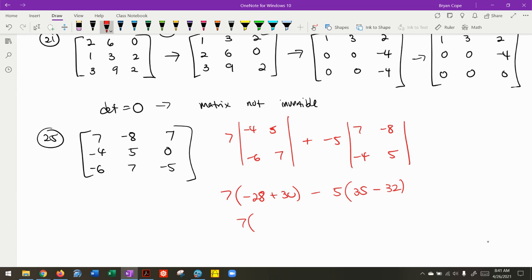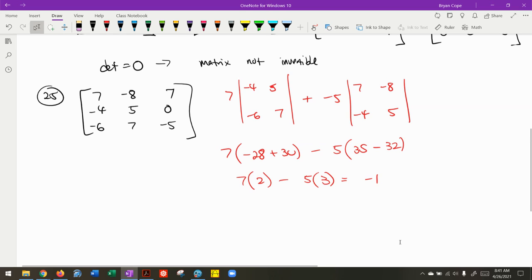So we have 7 times 2 minus 5 times 3. So we don't really care what the answer is. I mean, it's negative 1, but all that means is that the matrix is invertible, which means the columns are linearly independent. So we can stop there.